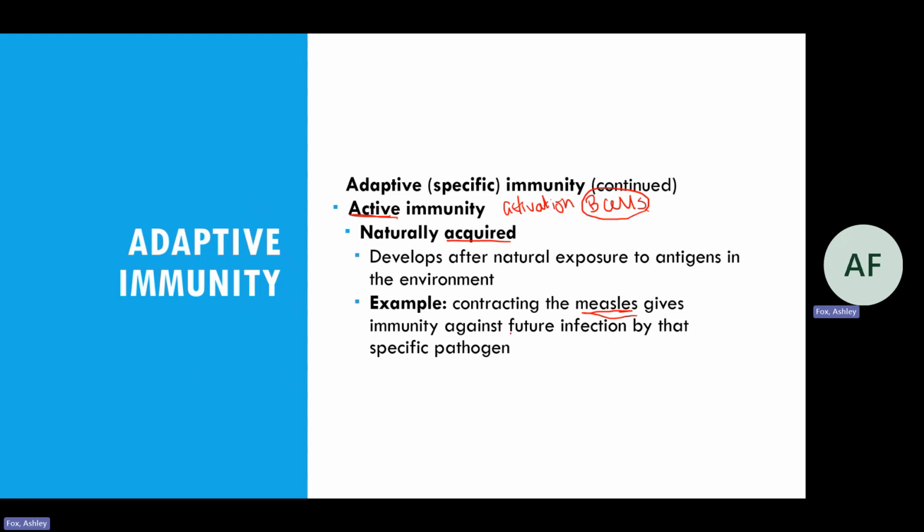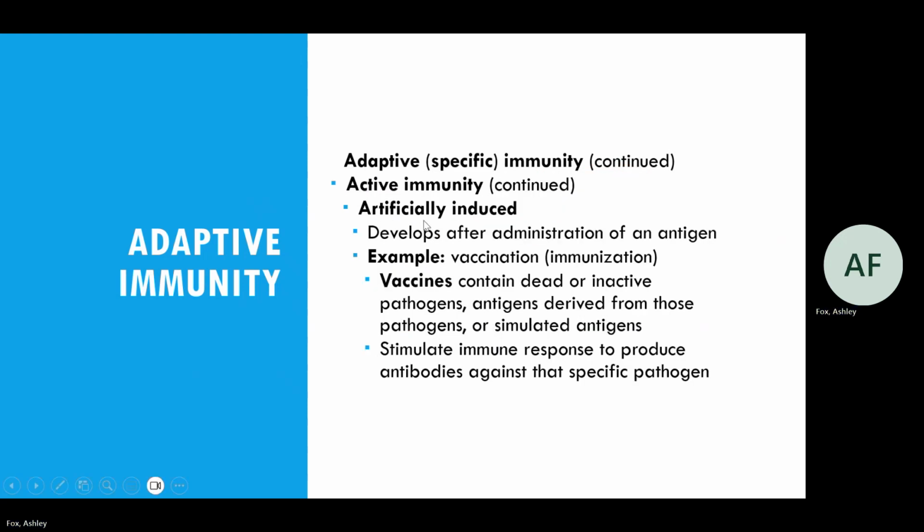So having had the measles, you're going to have immunity. You might get sick, you'll have symptoms. But if you are exposed to the measles again, you may not get sick, or you won't get as sick as you did the first time. So we learn and get better. So that's naturally acquired immunity, active immunity.